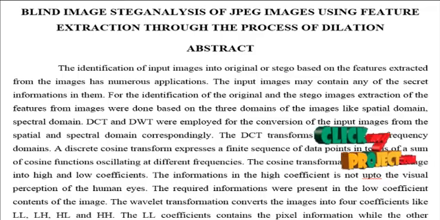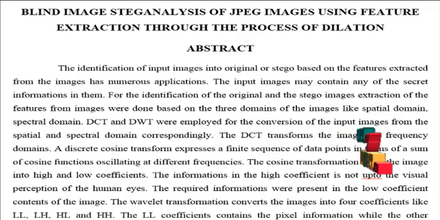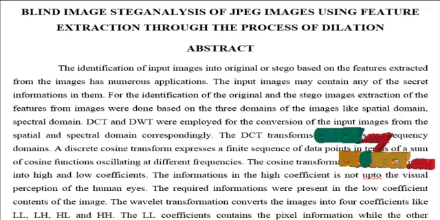The DCT transforms the images to the frequency domain. A discrete cosine transform expresses a finite sequence of data points in terms of a sum of cosine functions oscillating at different frequencies.